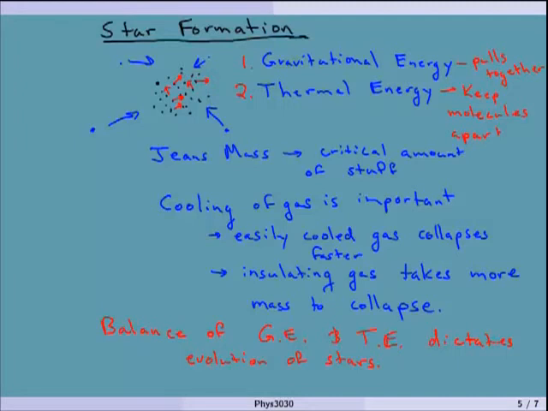Then that runs out of fuel, and the star collapses in on itself again, and this keeps going until maybe there's no fuel, or in special cases it collapses so much that it causes such a huge reaction that everything goes at once and it explodes, and that's what a supernova is. If you have questions about stars, there are great resources online, and you can ask me about it, but that's not in the breadth of this class.